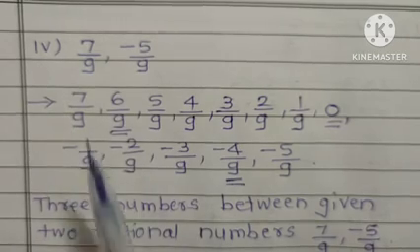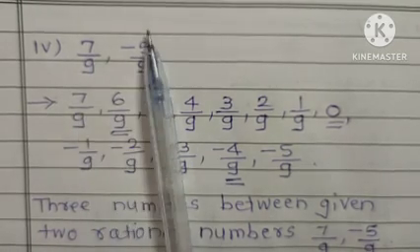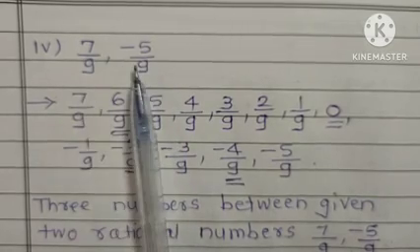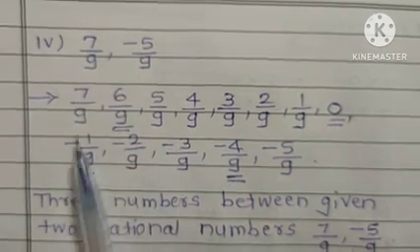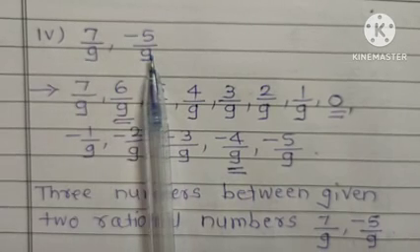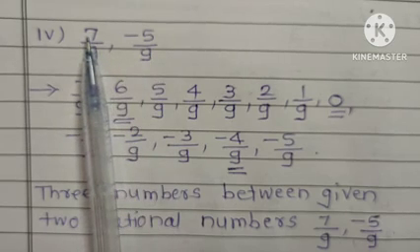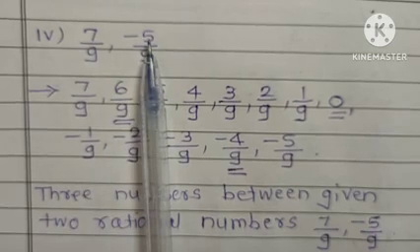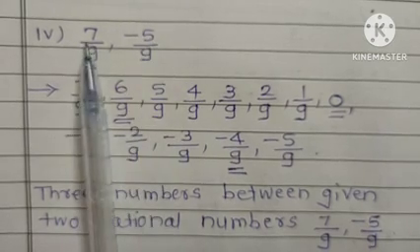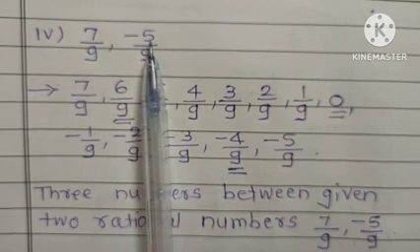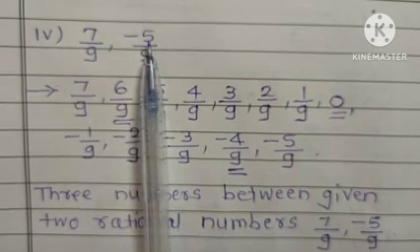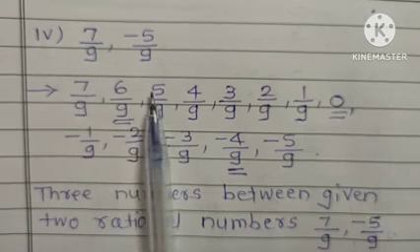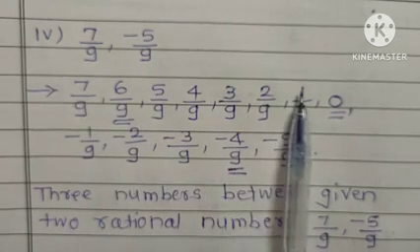Example 4. 7 by 9 and minus 5 by 9. These are the two numbers given. We want three rational numbers between these two. Now, denominators are similar. So, from 7 to minus 5, you go on decreasing. This is the largest number, this is the smaller number. So, 7 to minus 5 go on decreasing. 7, 6, 5, 4, 3, 2, 1.